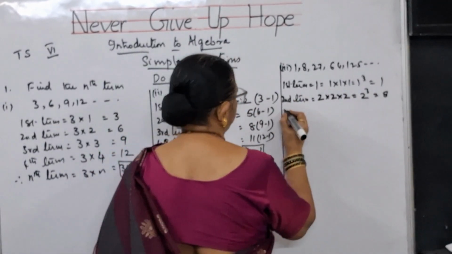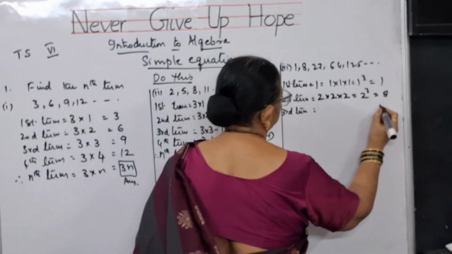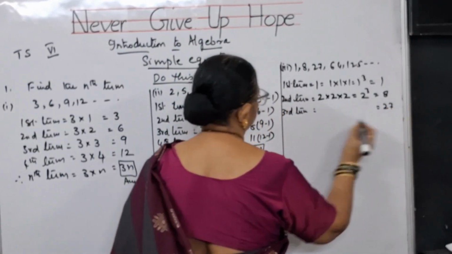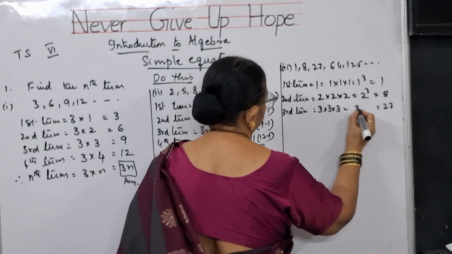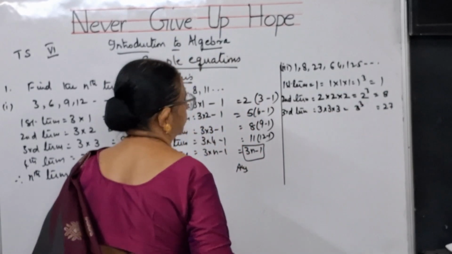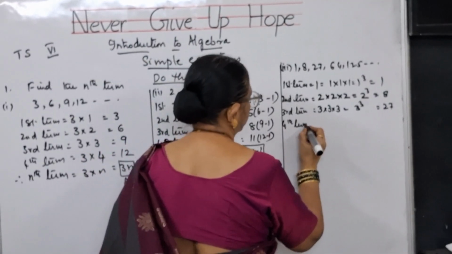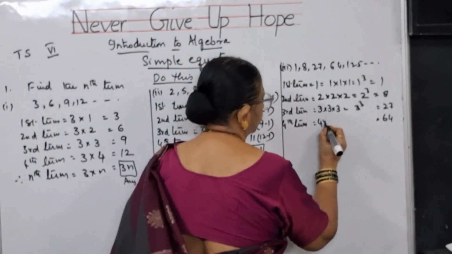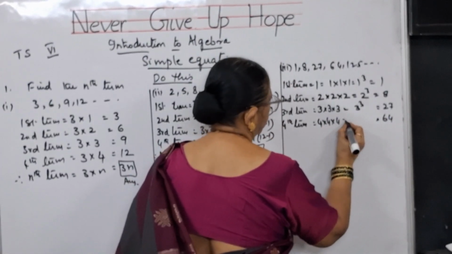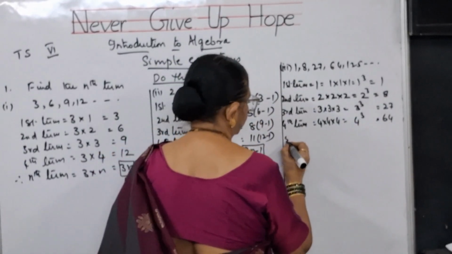And this is the second one. Third term, we have got 27. 3 threes are 9, 9 threes are 27. That means 3 cube. Now, fourth term, you have got 64. 4 fours are 16, 16 fours are 64, that is 4 cube.